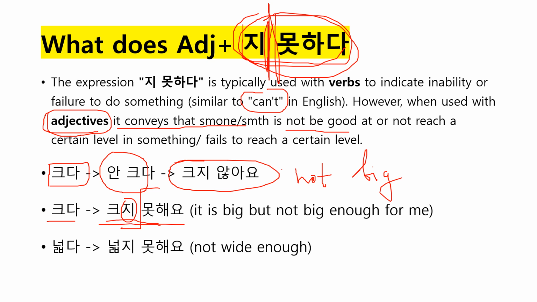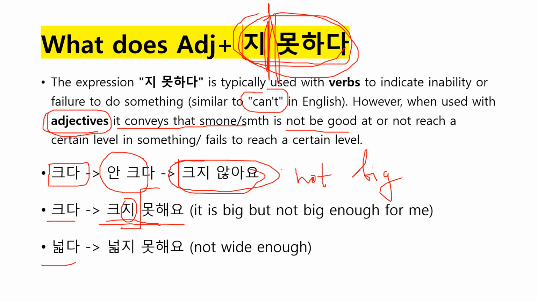But if you just say 크지 않아요, it means it's small. This is the direct translation. It's like not big, it's small. But if you say 크지 못해요, well, it is big actually, but not big enough for me. The concept of being big can be different to everyone, right? That's why 크지 못해 means not enough. This house is not big enough. It didn't reach my expectation.